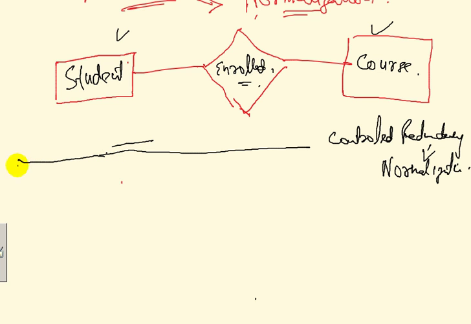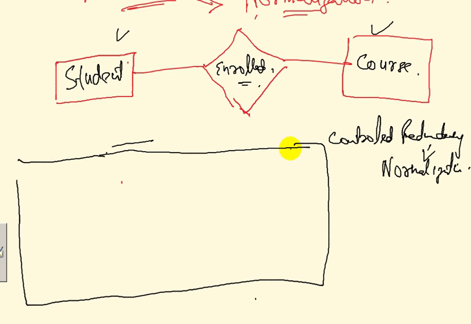The thing which comes to mind is to make a big table, and it seems that it will reduce all the redundancies, and it will be a good thing that we put the student information on this side, say student ID, then name. There could be other things also like course ID.